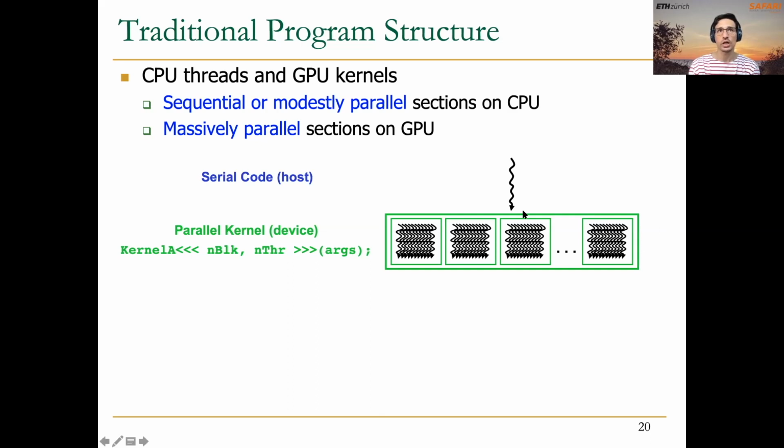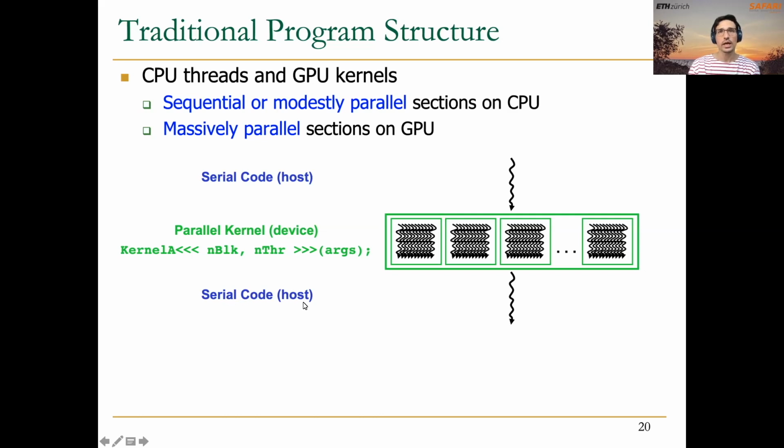So here you see a representation of what's called a grid of threads that run on the GPU to execute this kernel A, and these threads are grouped into thread blocks, as you can see here in the figure.